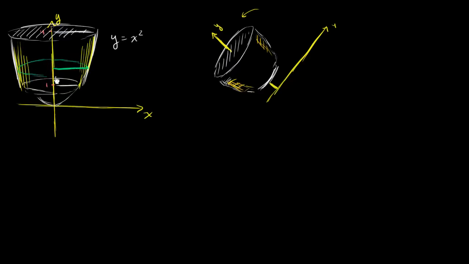That's our disk right over here. And then it has a depth. Instead of saying it has a depth of dx, let's say it has a depth of dy. So this depth right over here is dy.